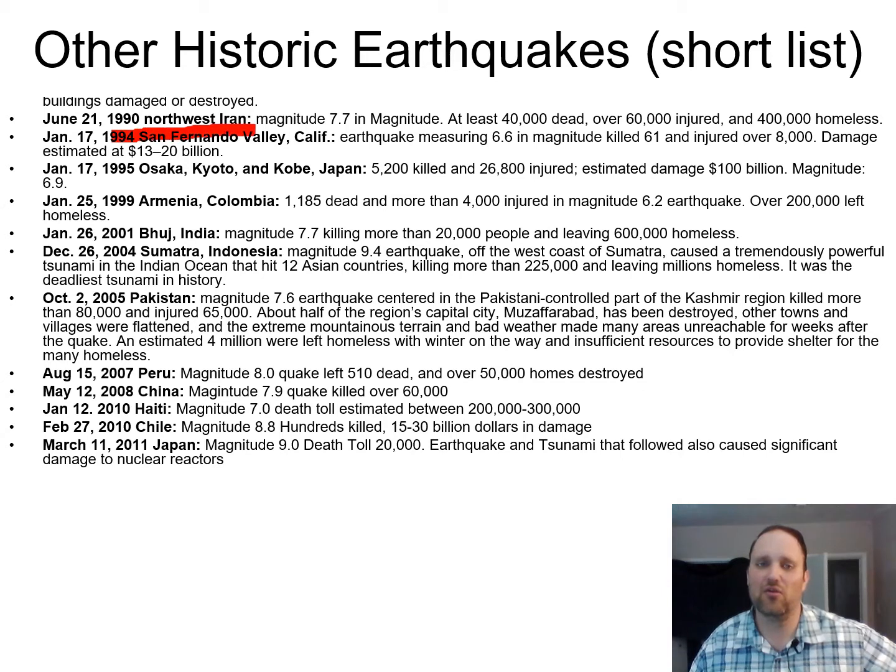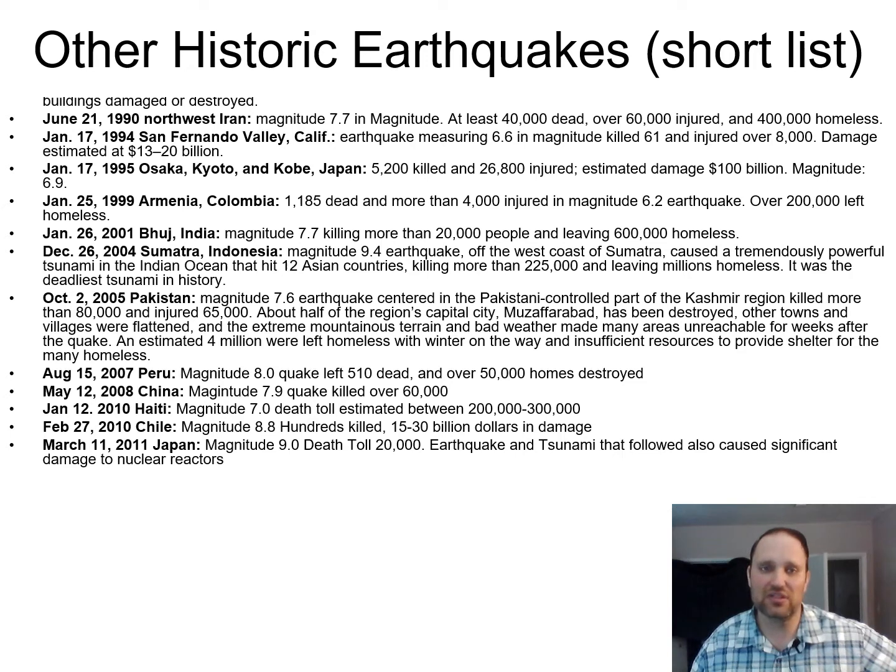Again, over in Iran in 1990, 7.7 in magnitude, killed around 40,000. And so a high death toll from that. 400,000 left homeless from that.